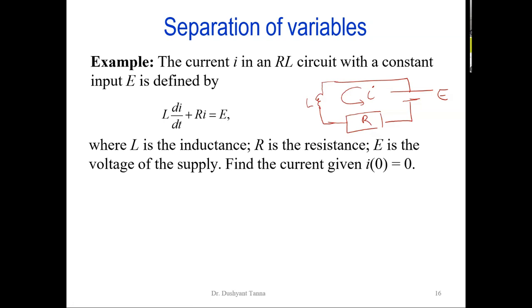So it doesn't specify general solution, doesn't specify a particular solution. By now you should be aware. Whenever it has this, see, this will indicate who is the variable. It says L is the inductance, R is a resistance, E is a voltage, with a constant E, R and L constant.